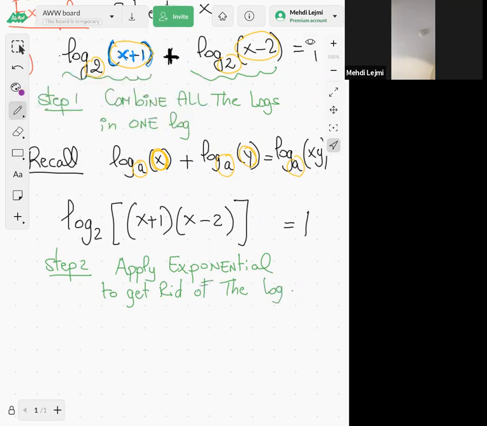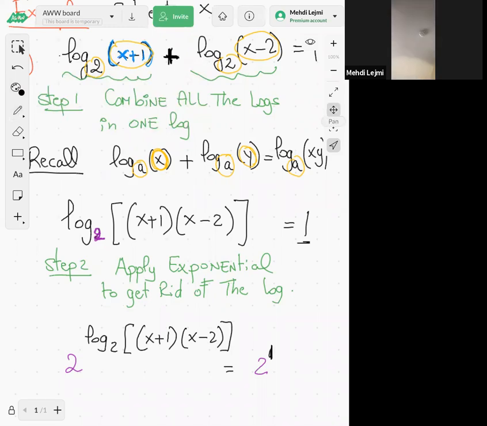My base is 2. This is log in base 2, right? So I'm going to have exponential base 2. On the right hand side I have 1, so here's 2 to the power 1. On the left side, the power would be the whole left side, so that's log in base 2 of x plus 1 times x minus 2.